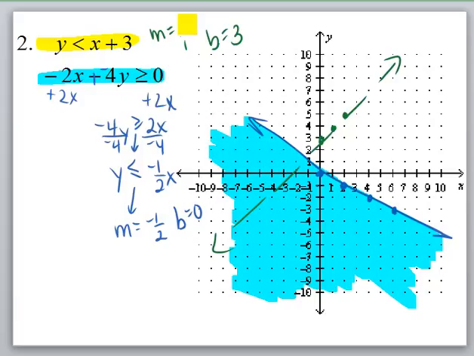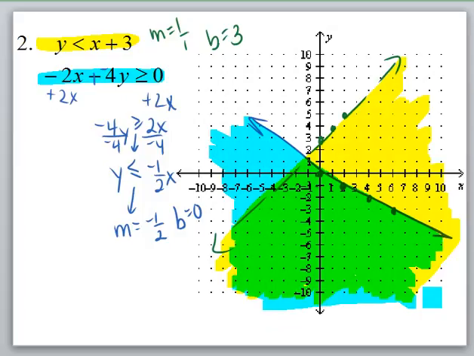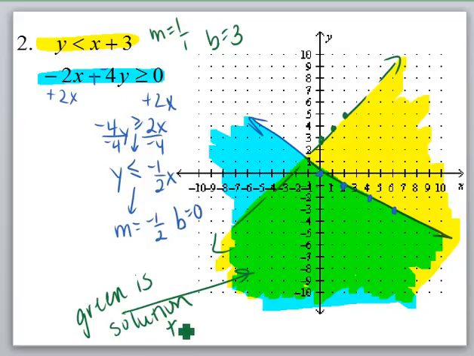So because I'm using that yellow highlighter again, it's going to be where the two lines turn green is my actual solution, or where the sections turn to green. So I didn't actually fill in all this part down here, but all that would also be a solution. So I'll fill that in. And I'll put green is solution to system.